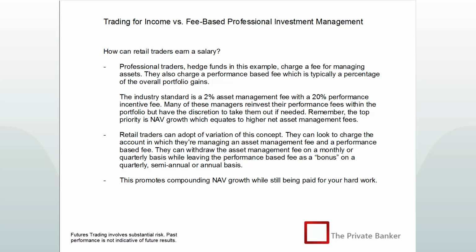Retail traders can adopt this variation. They can look to charge their account an asset management fee, and of course a performance-based fee. They can withdraw the asset management fee on a monthly or quarterly basis, whatever makes the most sense. And the performance-based fee could be their bonus, which they either take out or reinvest however they see fit, say on a quarterly, semi-annual or annual basis.